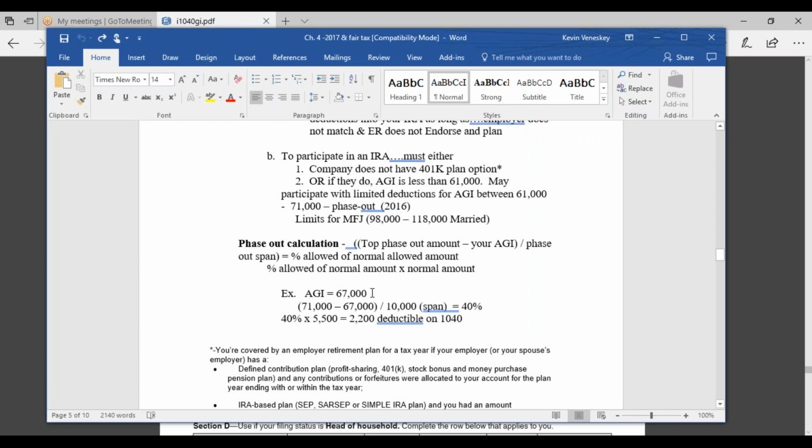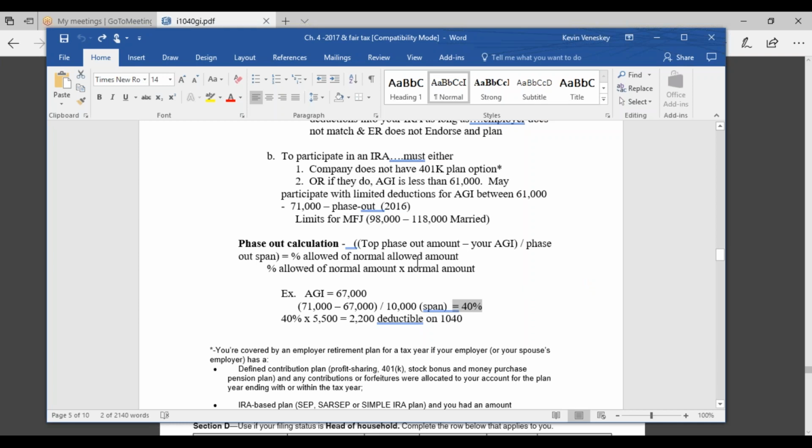So I have an example to see how this works out. If we have an AGI of 67,000, and let's say the individual is single, we would take the top phase out amount of 71,000, subtract out their AGI, so that leaves us with 4,000. Divide it by the span, so the span was only 10. What this means is we are allowed to still contribute 40% of the top number.